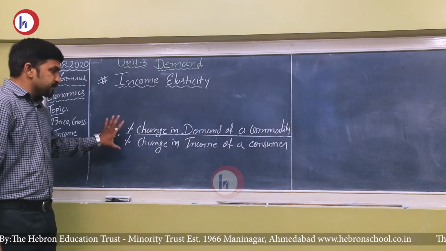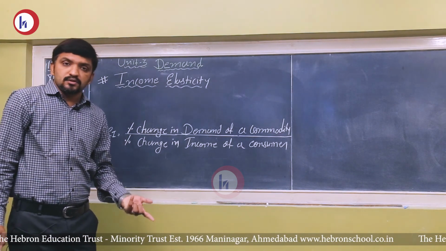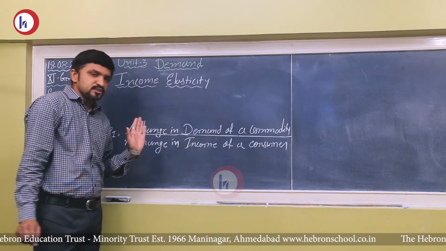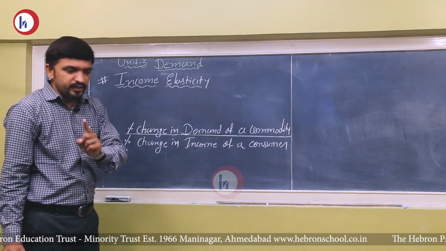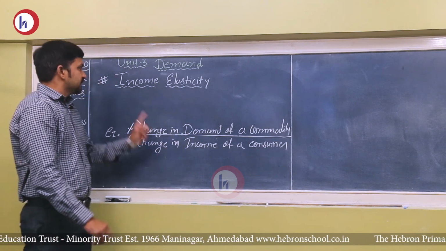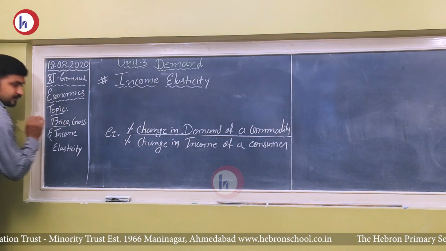Now see, this becomes very easy because in the previous question the formula was percentage change in demand of a commodity upon percentage change in price of the commodity. In denominator we have written price because we were talking about price elasticity.